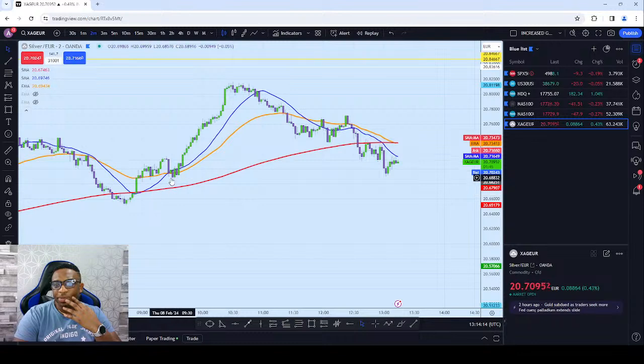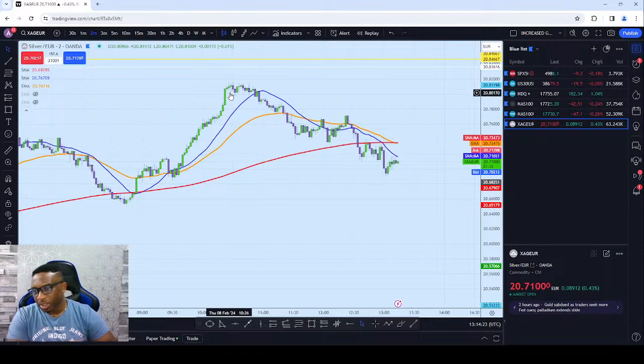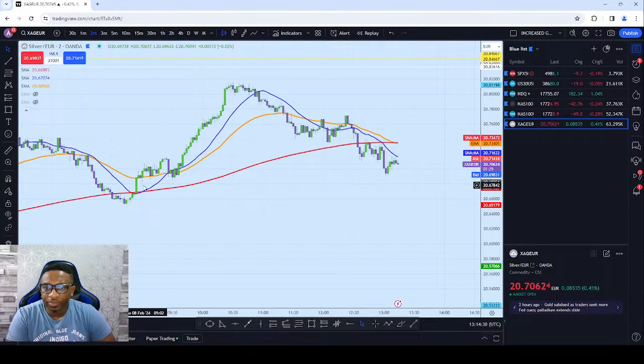Looking at this, silver had a very nice push up, nice trend up here, and got into the wide states. So the narrow state is here, where we have the best opportunity once it's ready to move. From the narrow states, it went into the wide states, and then from the wide states comes down to the narrow state again.